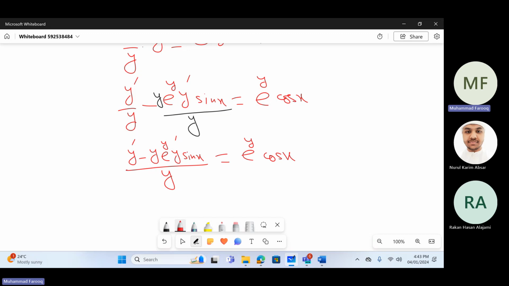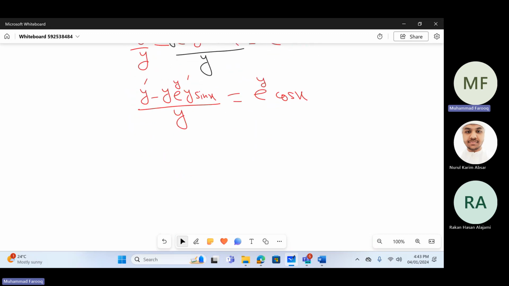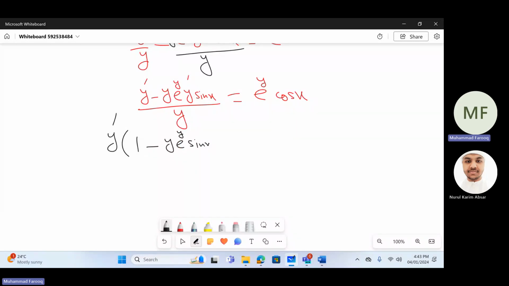Now we can take y prime as a common factor. So please take y prime as a common factor. What do you have now? 1 minus y e power y and sine x, divided by y, and this side is e^y cosine x. Do you understand what I did?